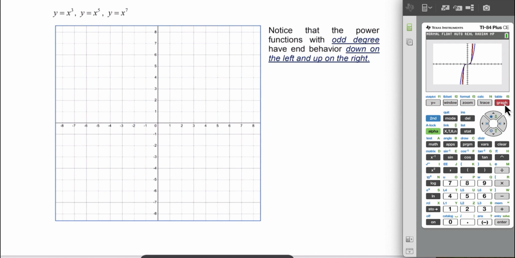Again, x cubed we're somewhat familiar with. x to the 5th is a little bit skinnier. Still goes through -1, -1, and close to the x-axis around the origin.